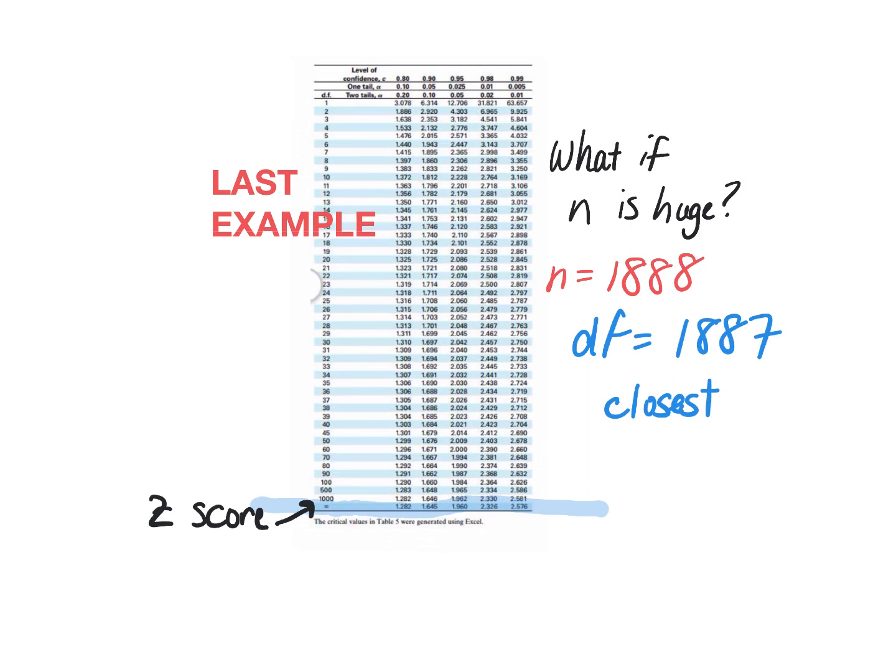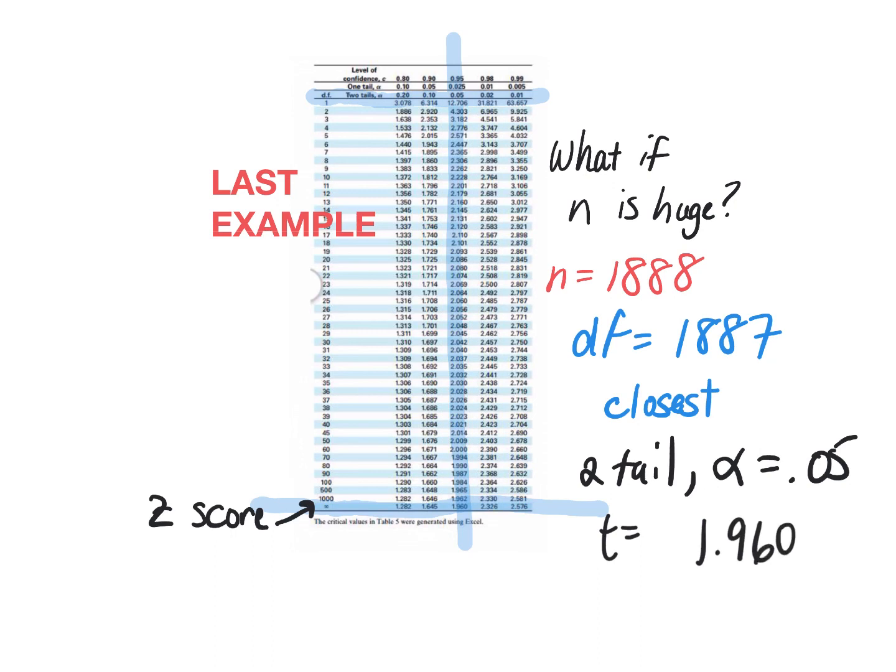So if I was told to do a two-tailed test with alpha equal 0.05, knowing that I had a huge n, in other words, something bigger than 1001, I would read my two-tail line, find 5%, crash those two together to get a value of 1.960 that is both positive and negative because of the nature of it being two tails.